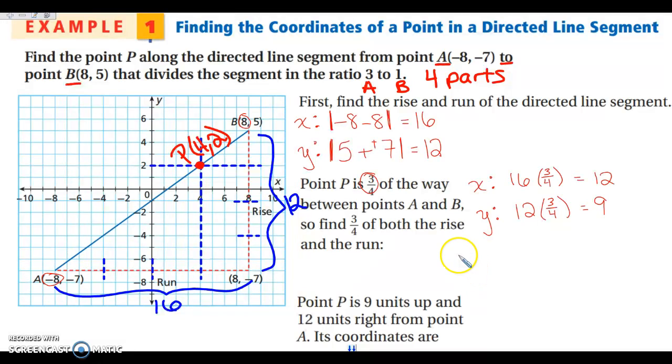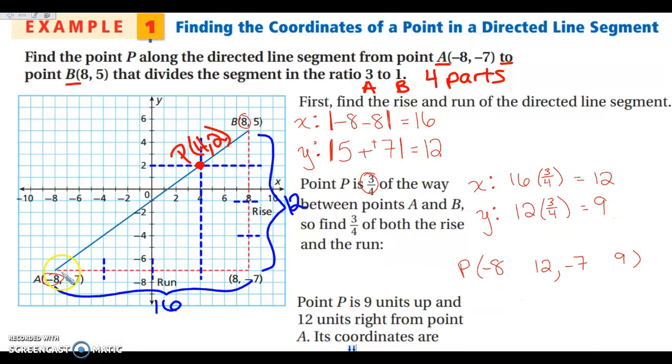So the way that this works is I am going from point A. So to find point P, I'm going to start by writing the coordinates of point A. So here's point A, -8, -7, and I'm plugging this in right here. Now the question is, I know that I need to be doing something with the 12 for my x value and the 9 for my y value.